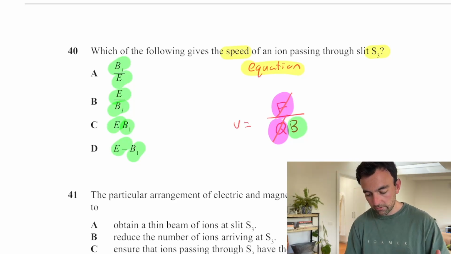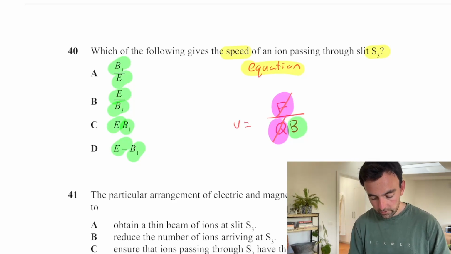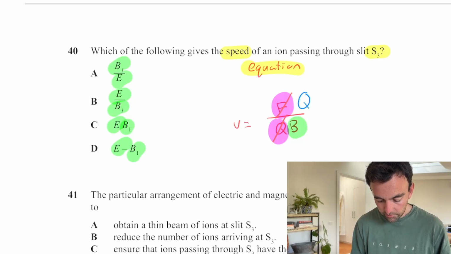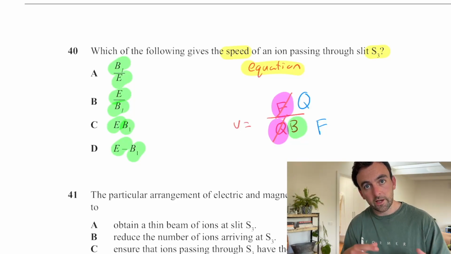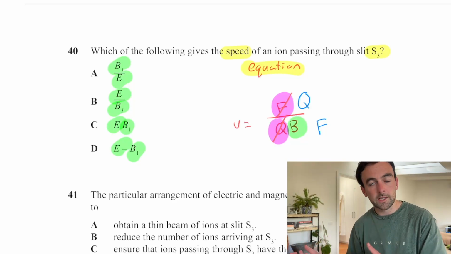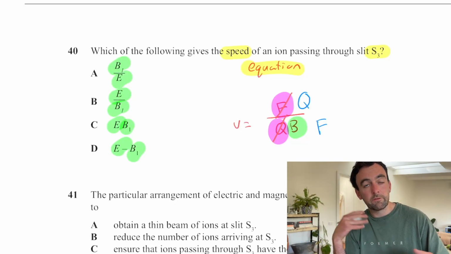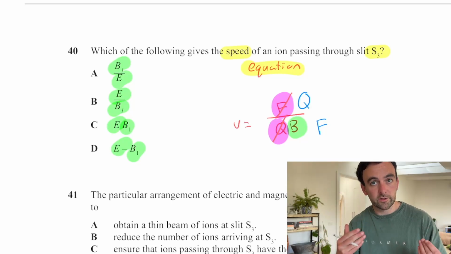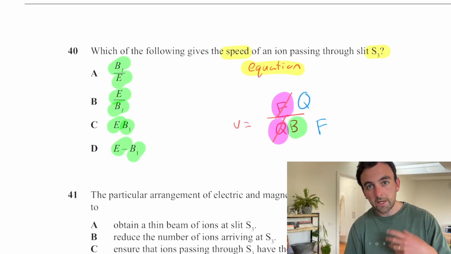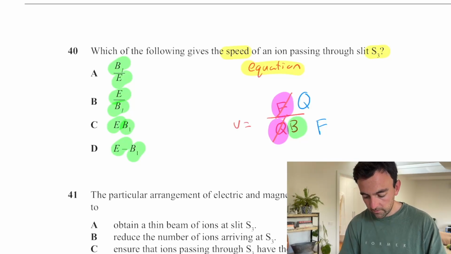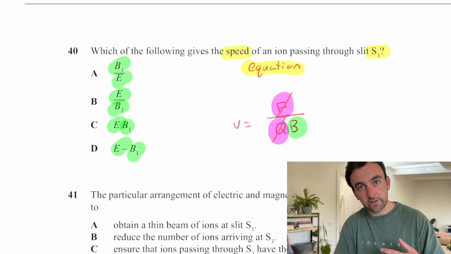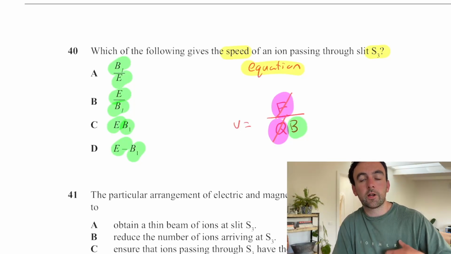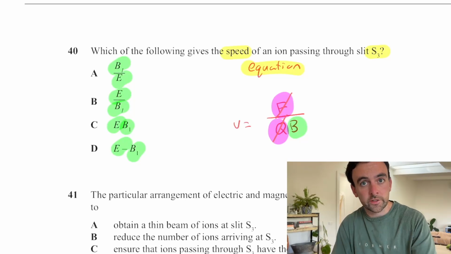In the past, if I could somehow get a Q in the numerator and an F in the denominator, then they would cancel out, because I know from past experience that having a variable in the numerator and the denominator means they cancel out. So if I could do that, that would be problem solved. So you're already starting to think about what you need, and you think, how could I actually start introducing variables?